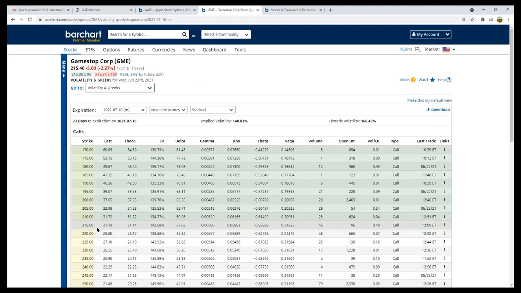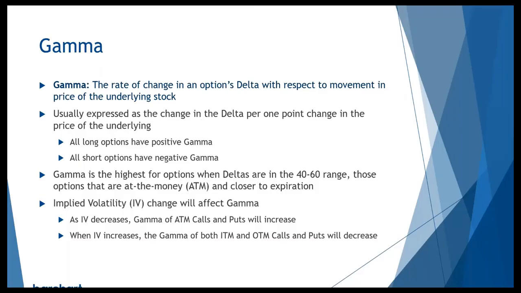And if we look at the gamma of our 215 at the money, notice that it is only 0.005, a lot less than the gamma of our low implied volatility Apple example. Now, some of you might say, well, this could be because of the price value. We'll look at that when we go into theta. But again, this is where the price has already been baked in. The gamma has already been baked in because of this greater volatility in GameStop.